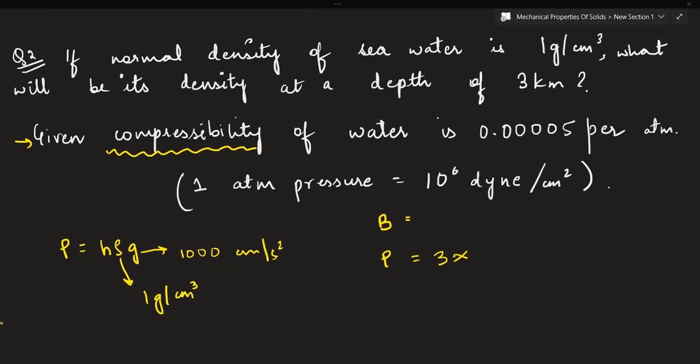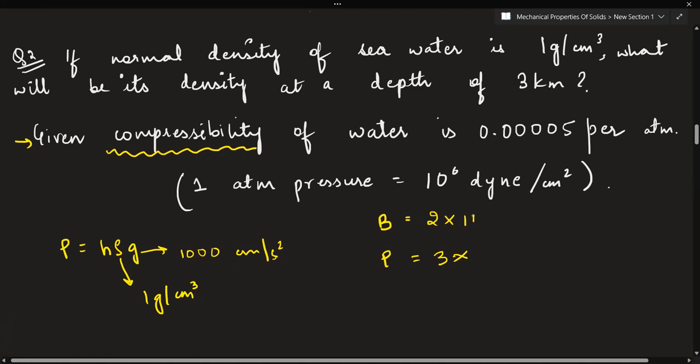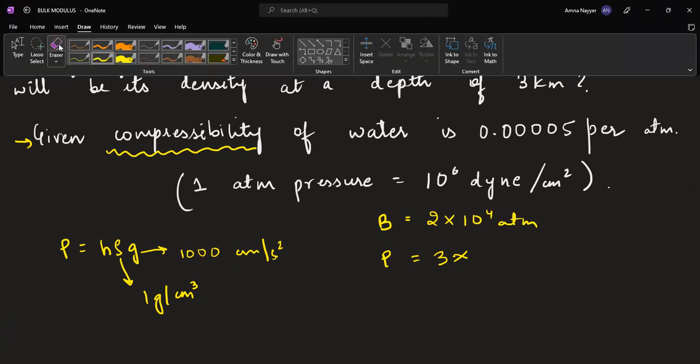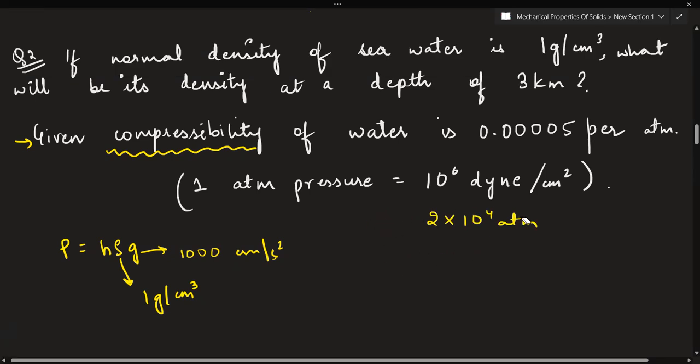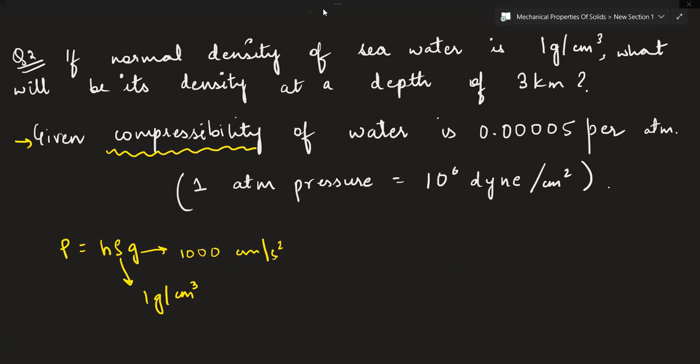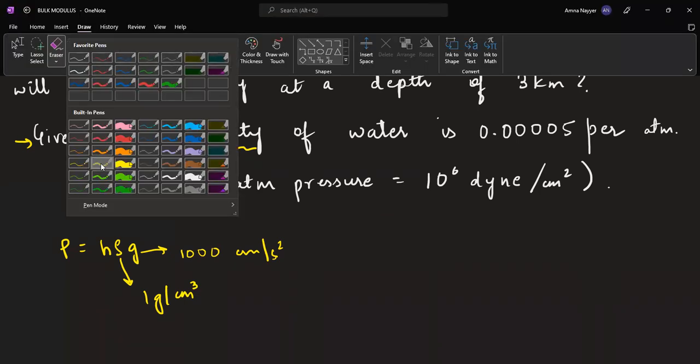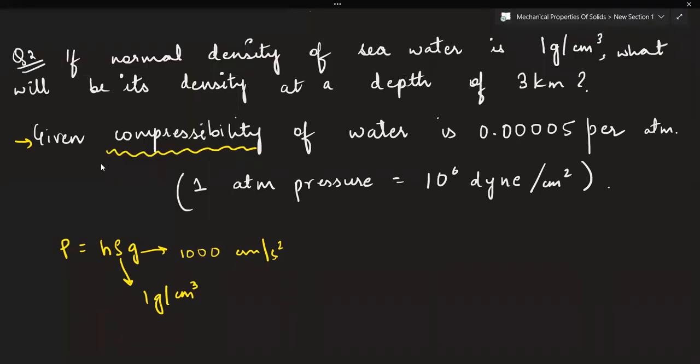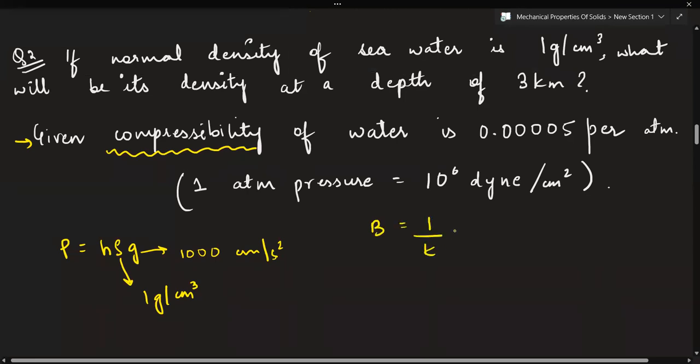See, bulk modulus is absolutely right. It's 1 by 0.00005, so that is 2 into 10 to the power 4, but that's in ATM. Bulk modulus is the reciprocal of compressibility, so that is 1 by 0.00005 as rightly said by you.